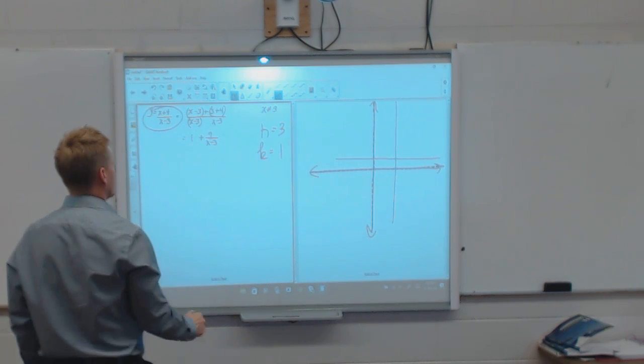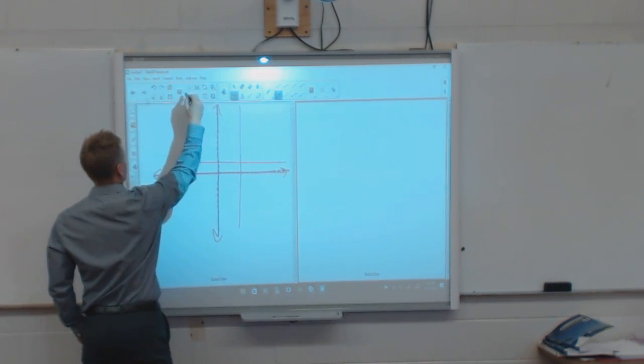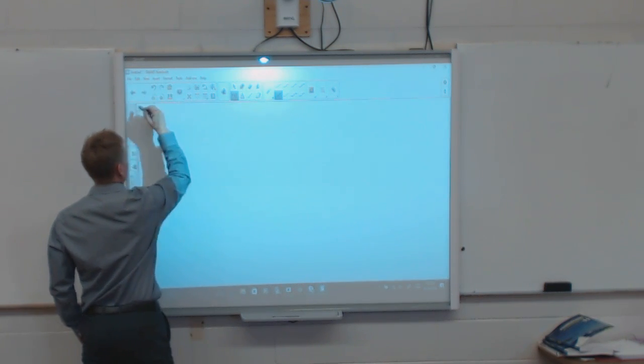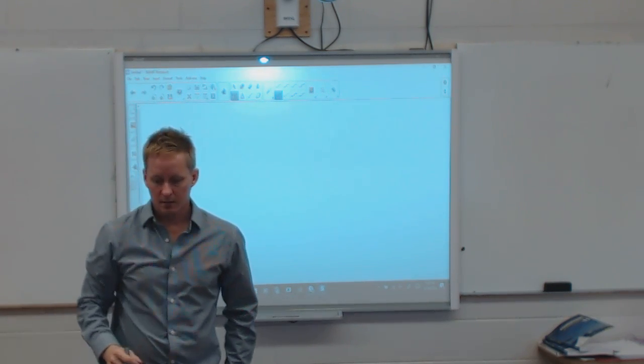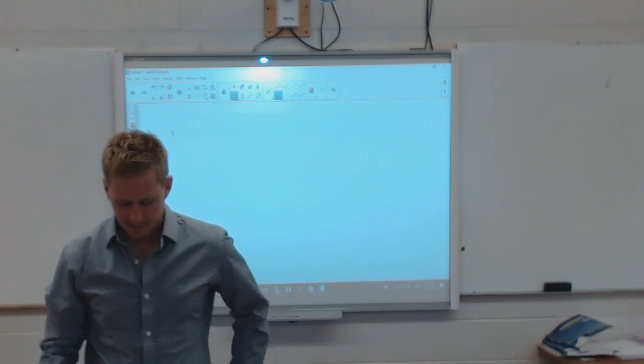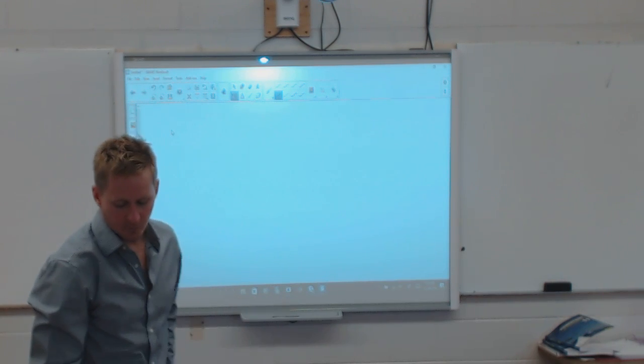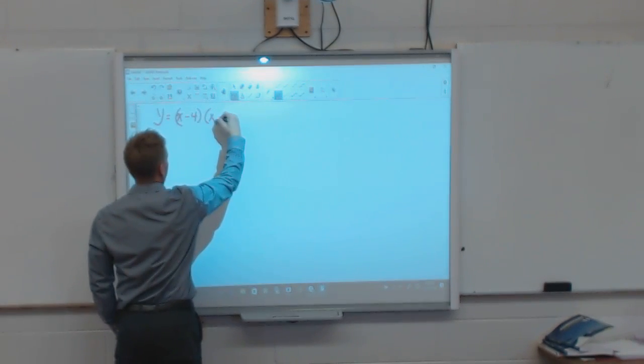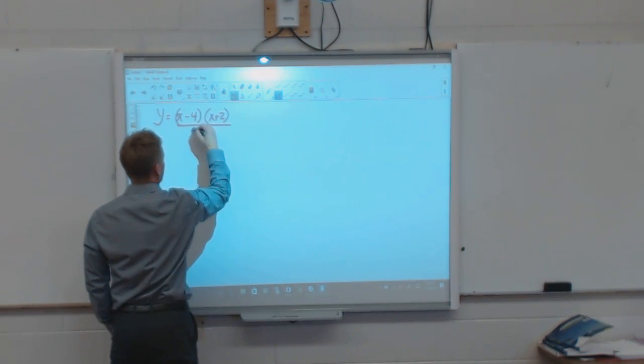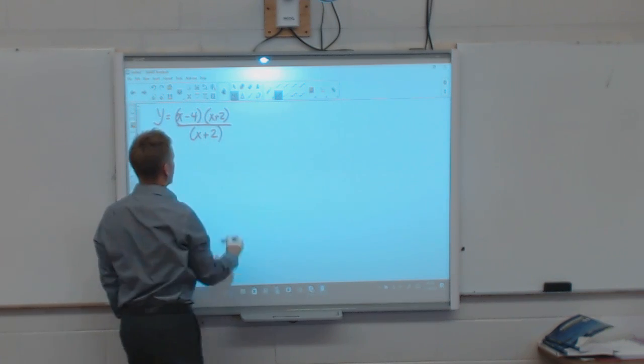The second one deals with at least one common factor. So here's the graph. Y equals x minus 4, x plus 2 over x plus 2.